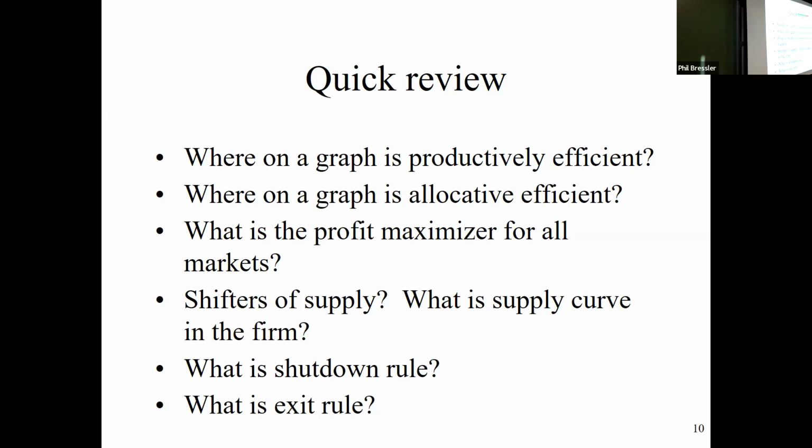Do you know it? The profit maximizer for all markets is where MC hits the price. No. You're close. Well, ATC and... no, stay with MC. How do you find the quantity in a firm? Price on corn? No, that's total revenue.